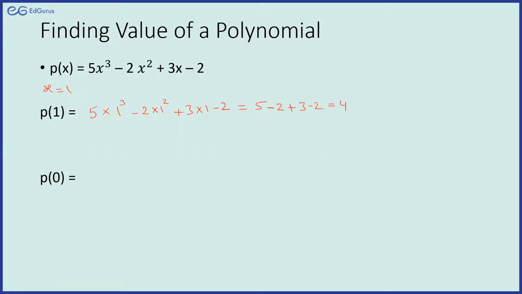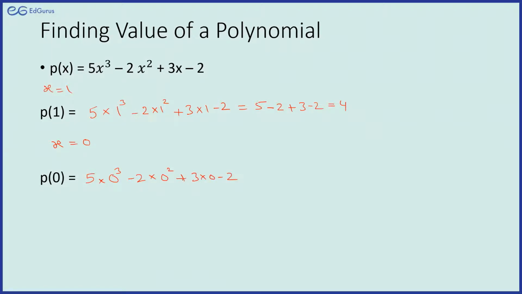Now, P of 0. We want to find the value of the polynomial when x is 0. So when x is 0, we just substitute the value of x as 0. 5 into 0 cube minus 2 into 0 square plus 3 into 0 minus 2.